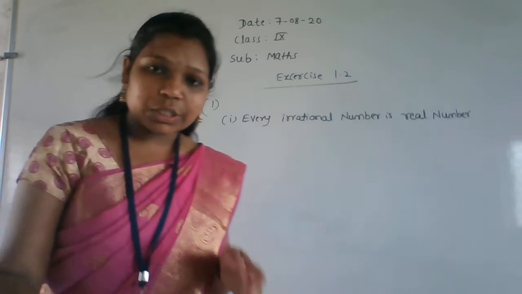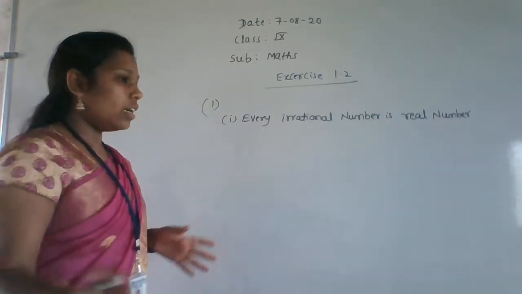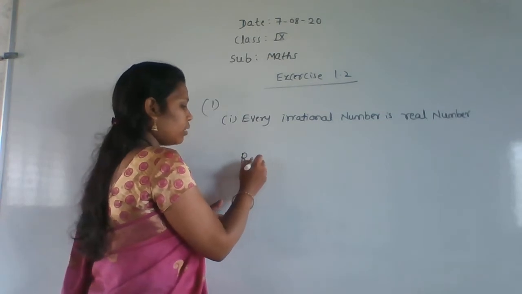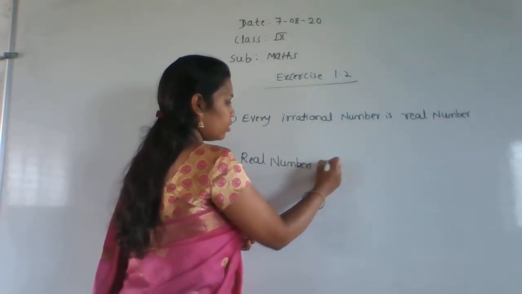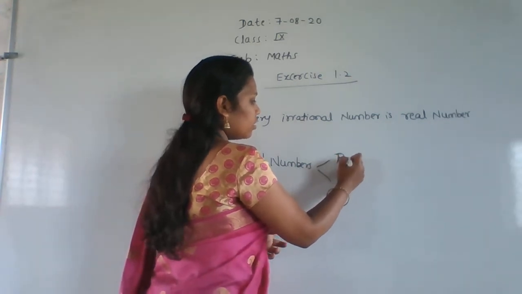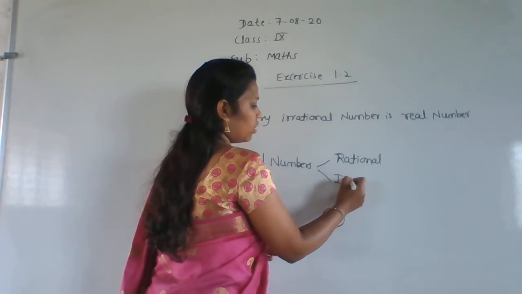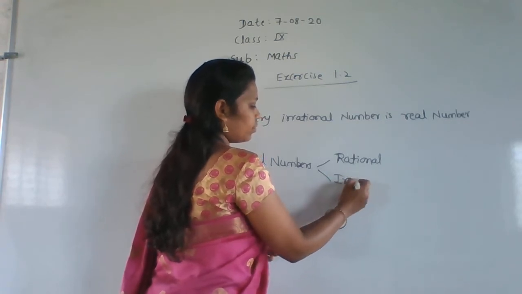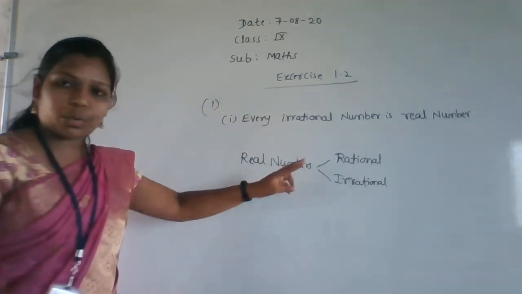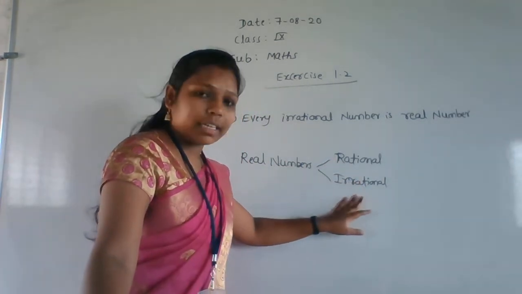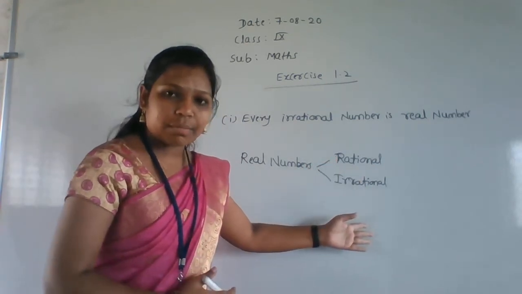Of course. Why? See, in the real numbers, I told you there are two categories, right? The first one is rational and the second is irrational. So in the real numbers there are two types, the rational number as well as the irrational number.